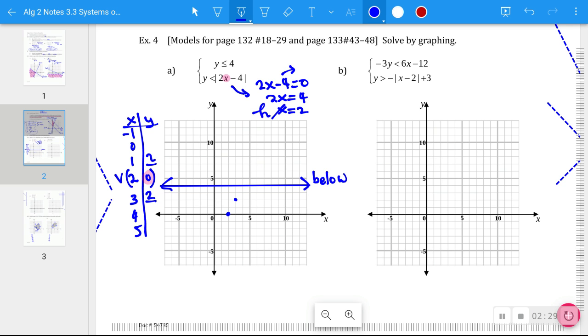So 3, 2, and 1, 2. You can see the V starting to form here. Putting 4 in gives 4. We'll copy that up there. When you put 5 in, you get 6. And negative 1 also gives 6.